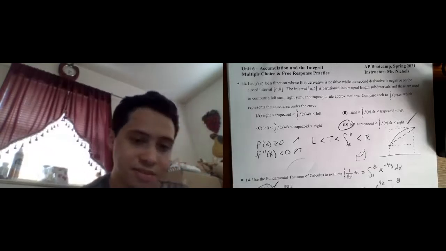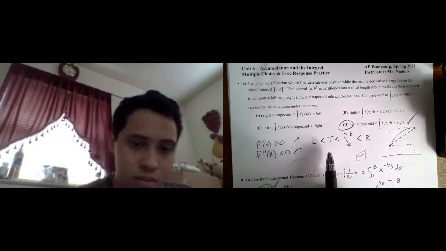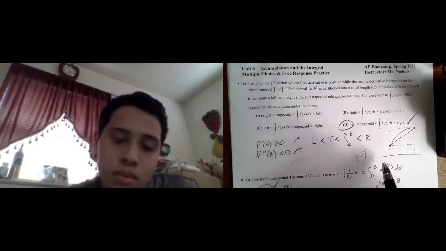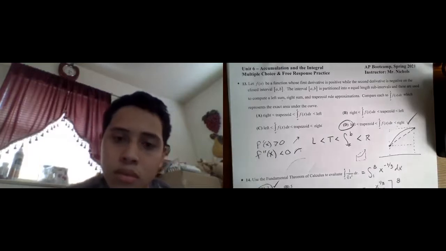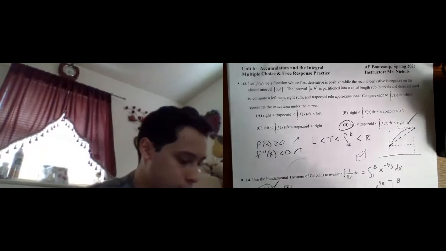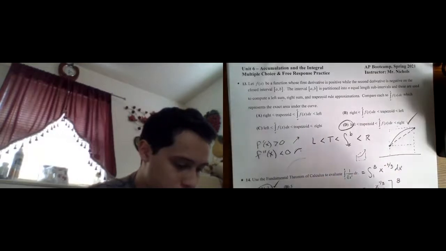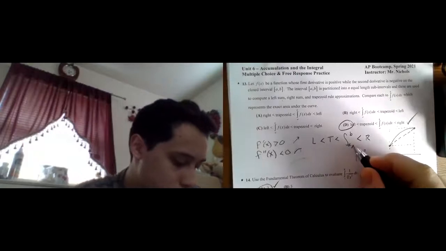Now, this problem does not involve the midpoint rectangular method, but it's true that if the trapezoid method is an under approximation, midpoint is over. If trapezoid is over, midpoint is under. They always are on opposite sides of the integral. So if they had included midpoint in this problem, we know that the midpoint would have to get squeezed in here.